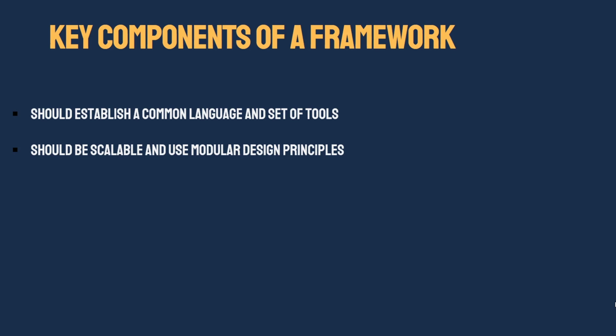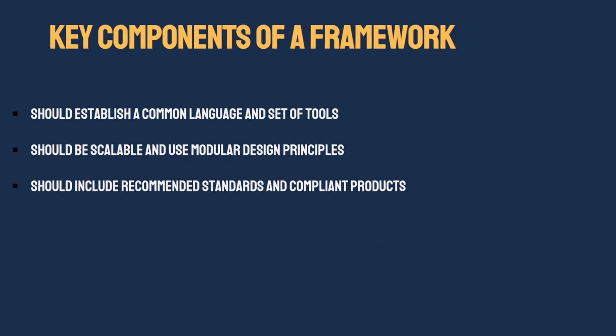We can talk building blocks and put them together so that small, simplistic ideas can generate grand design. Typically, a framework should also be able to recommend standards and complement products so that everyone is building in a way that people expect things to be built.